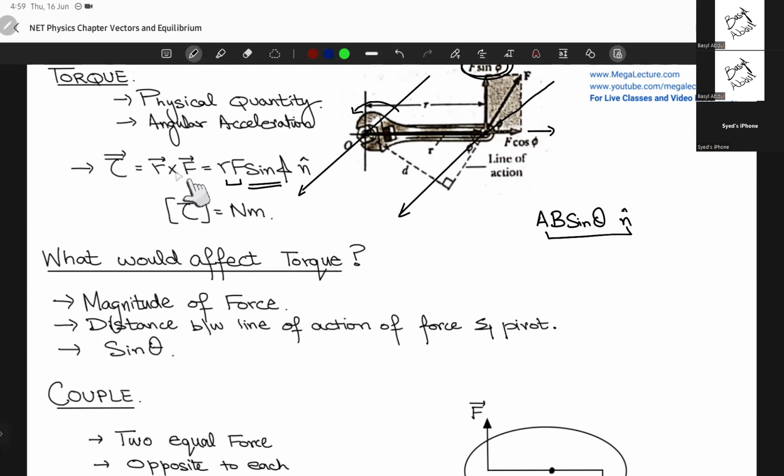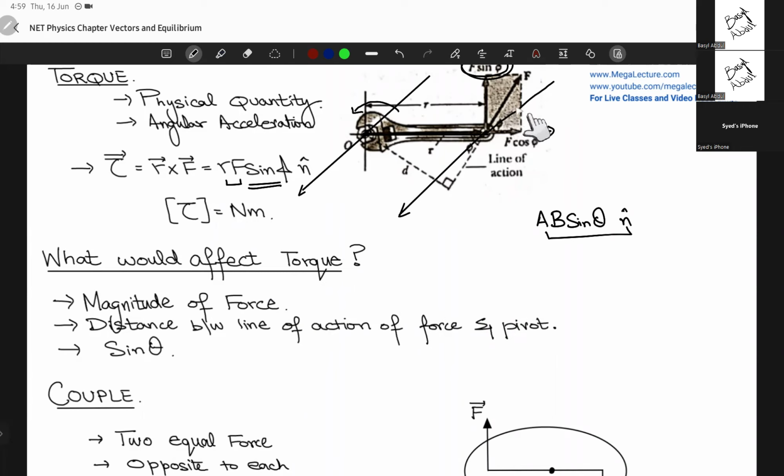If you look at the expression for torque, obviously the force that is applied and the distance from the axis of rotation at which that force is applied would change the value of torque. So the magnitude of the force and the distance between the line of action of force and the pivoting point, which is this one. And the line of action of force is this axis. So is that clear? Yes. Okay, and the angle.